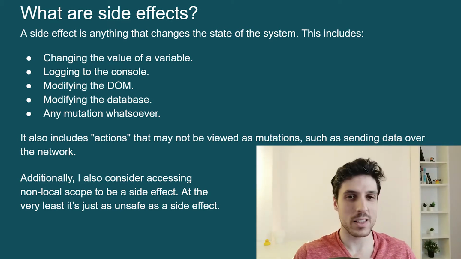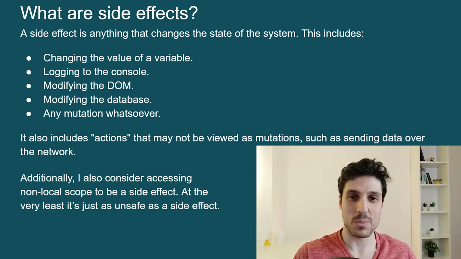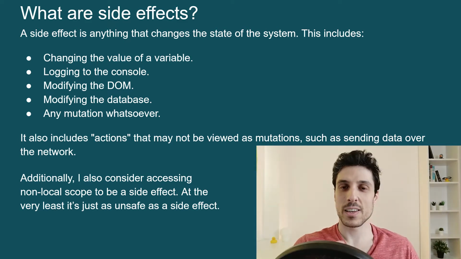And another thing about them that may not immediately appear to be a side effect is also something like an action. Something like sending data over the network, for example. And finally, at least with my personal definition, I also consider everything that accesses non-local scope on something mutable to also be a side effect.